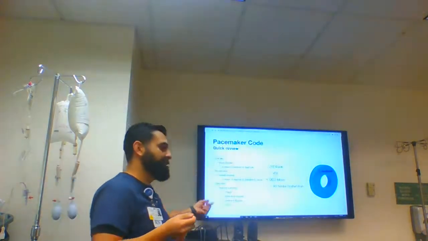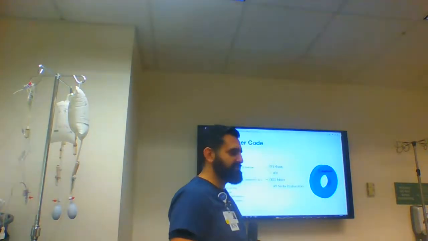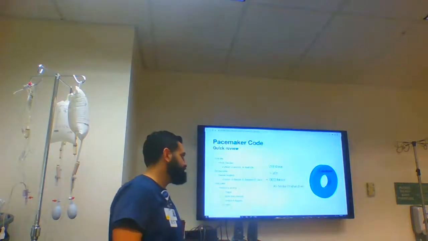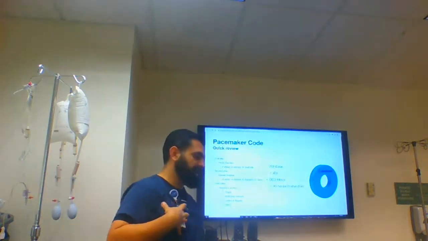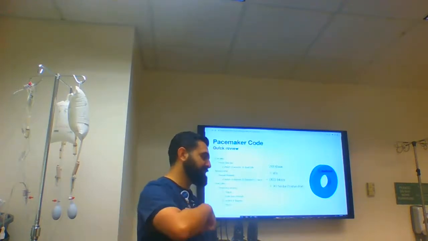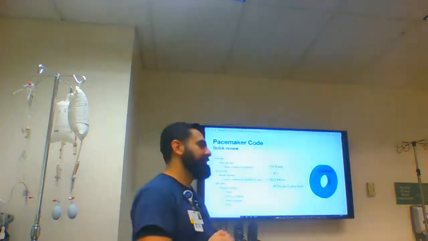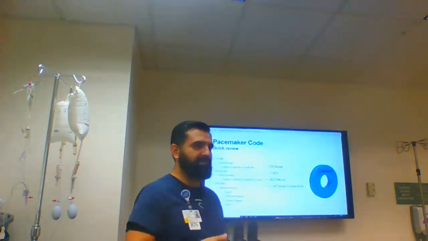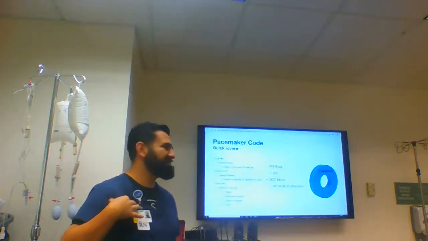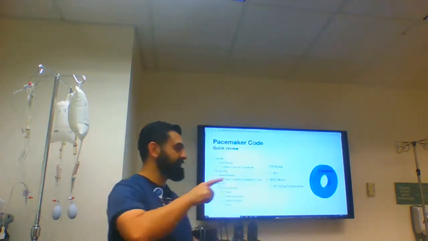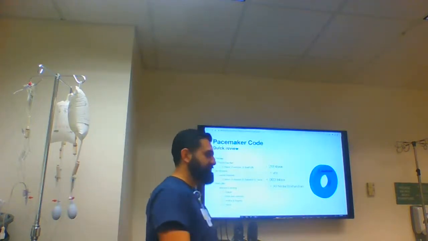Whereas this one is inside the heart, so your milliamps are gonna be way less. Patient probably doesn't feel it. The energy required for a pacemaker that's inserted via right heart cath in the RV will be maybe 10 or 15. And transcutaneous pacing is going to be like 40, 60, because you have to effectively pace the patient that way. Otherwise, it's not gonna work.